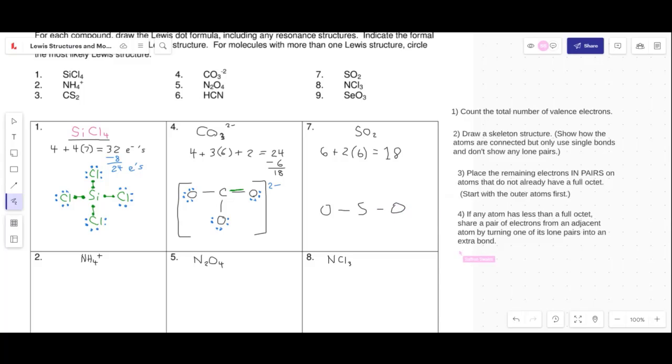Now we've drawn our skeleton structure, and we've used up 4 electrons from our skeleton structure. And so we'll place our remaining electrons on the atoms.